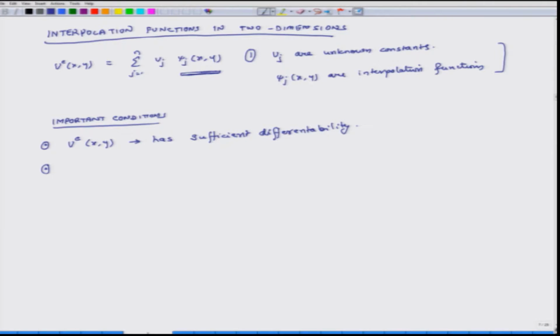The second thing is that the psi j will be some polynomial function, right. So, we have to pick up psi j in such a way that u e of x y should be a complete polynomial.